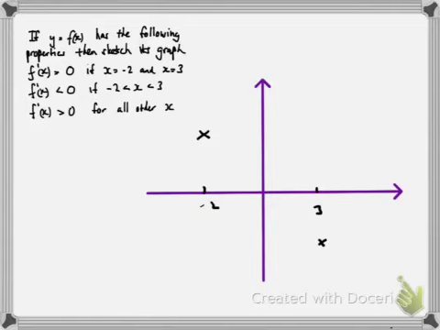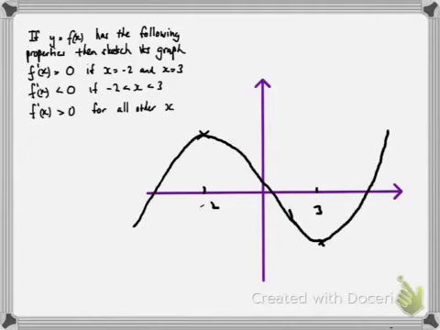Now why have I put them there? Because we know that except for between negative 2 and 3, the gradients are going to be positive. So our slope is going to come down here first of all. Then the slope is going to turn to a negative gradient. And then it's going to turn to a positive gradient over here. That's a possible answer.